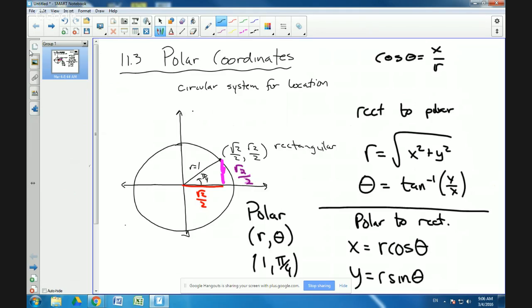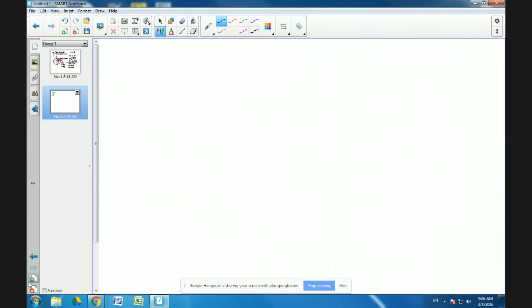Okay, so let's, real quick, if I give you r and theta as 3 and 3 pi over 4, what are my x, y's going to be? x is r cosine theta, right?